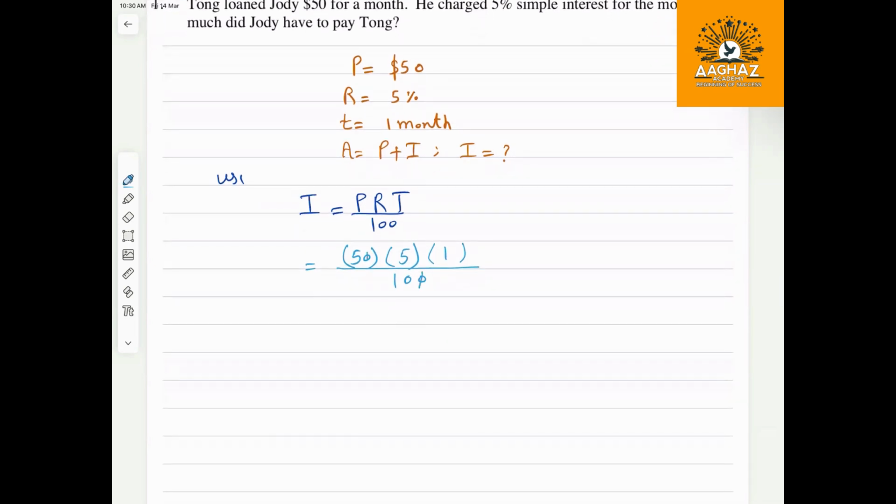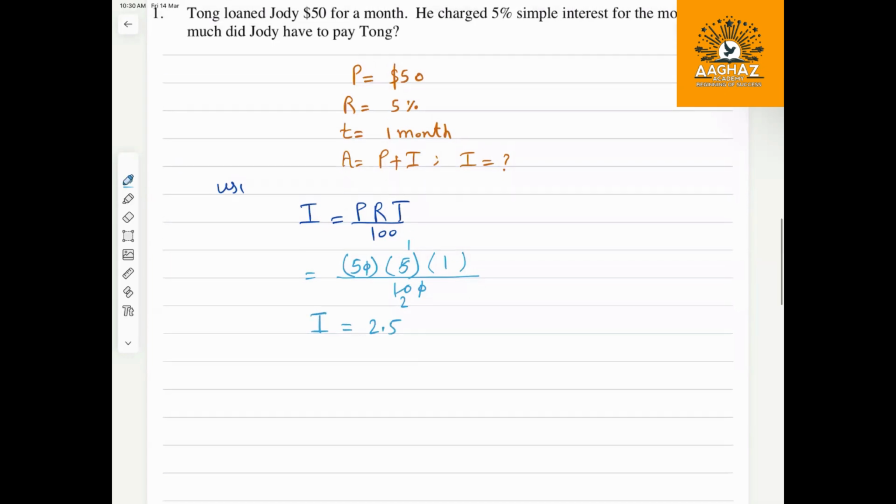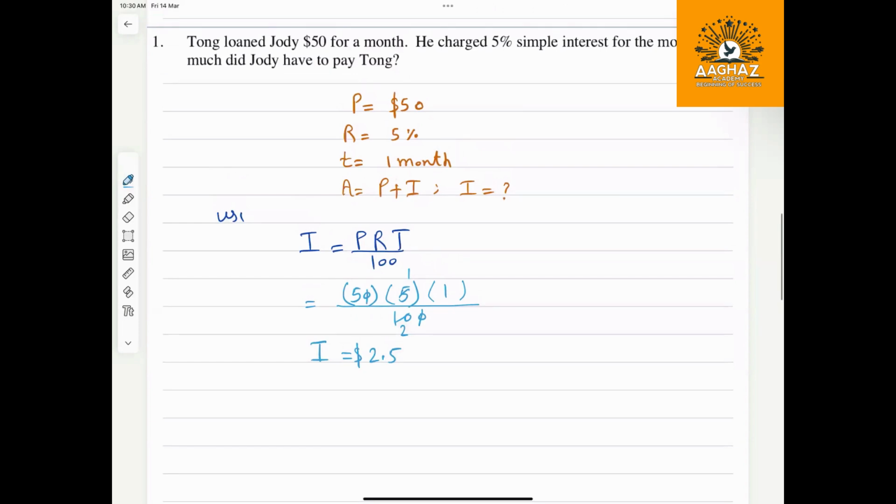And now further calculation, 0 will be cancelled out. 5 times 1 is 5, 5 over 2, it will be 2.5. That's my simple interest value, $2.5. And I want to find how much J had to pay.